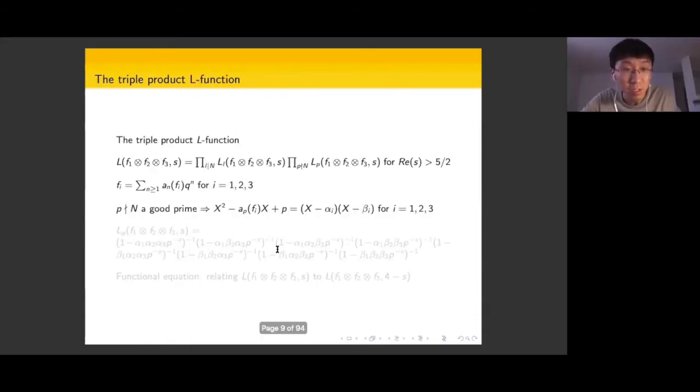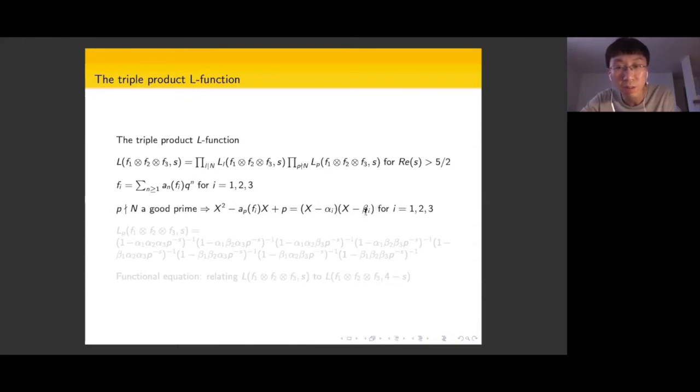Suppose the q-expansion of the modular form is given by this, and at p not dividing N, which is a good prime, suppose the Hecke polynomial factors as (x minus alpha_i)(x minus beta_i).